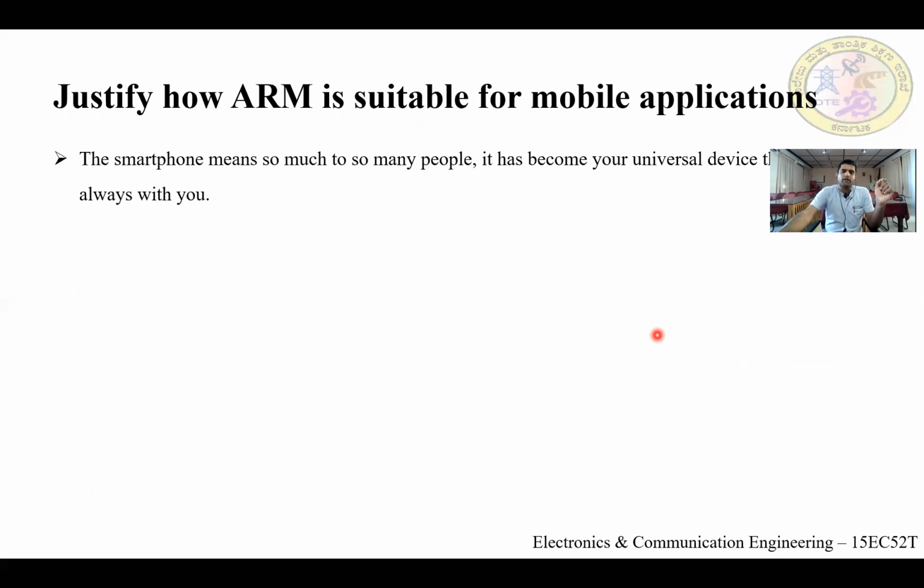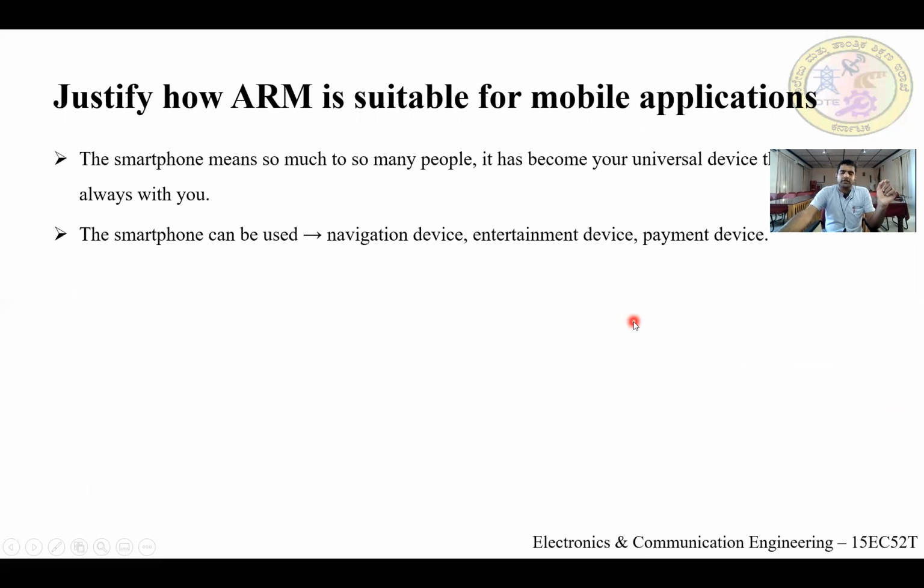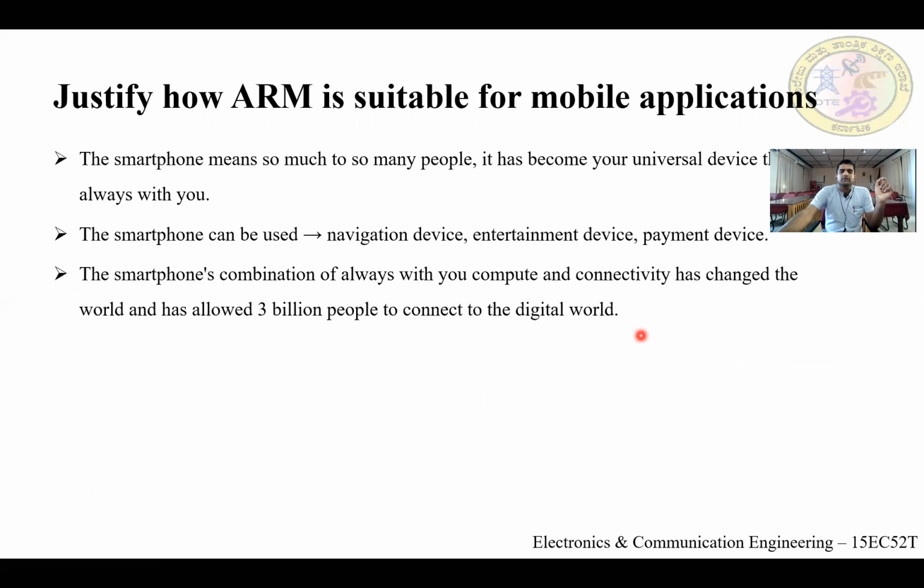Next, how ARM is suited for mobile applications. A smartphone means so much to so many people. It has become a universal device now. It can be used as a navigation device, entertainment device, and payment device. The smartphone, combining compute and connectivity, has changed the world into a digital world.